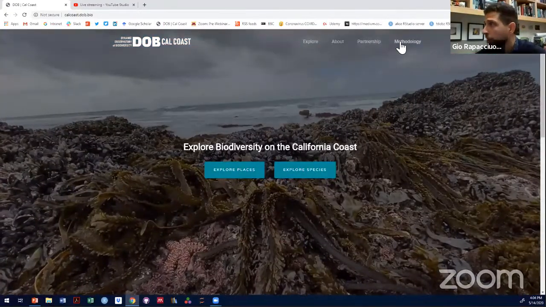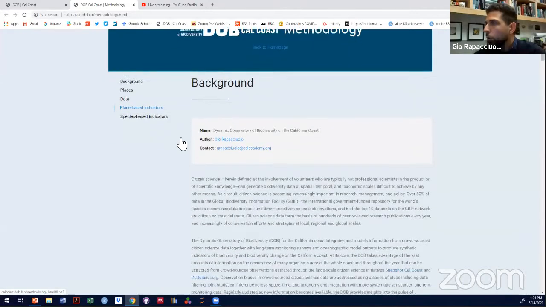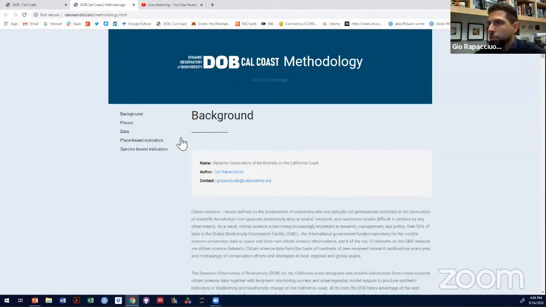The other thing that I want to highlight is there's this methodology tab here that will open a new window that will help you understand the methods in more detail.